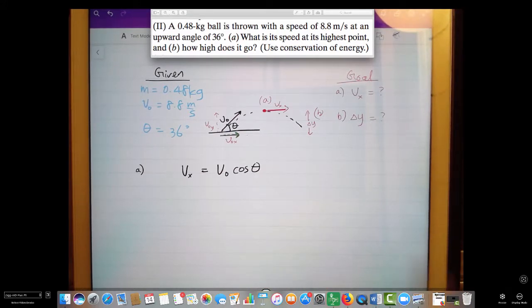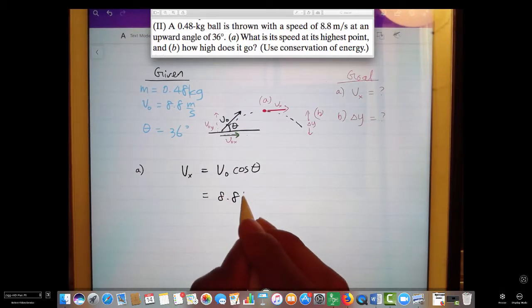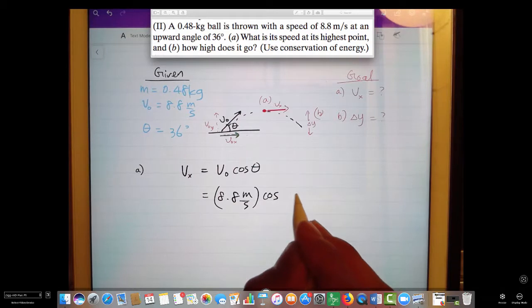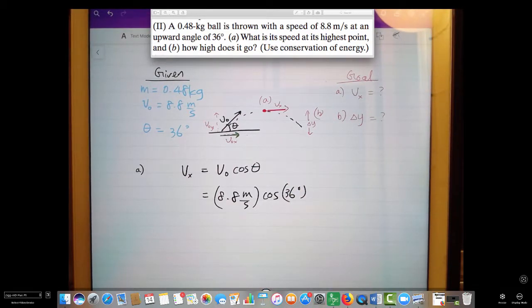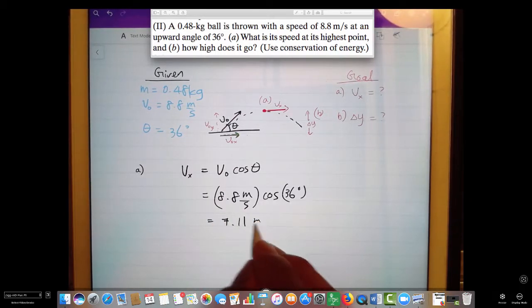So I substitute the V0 from the given and then write down the cosine of 36 degrees. And when you put the numbers into your calculator, you should get 7.11 meter per second.